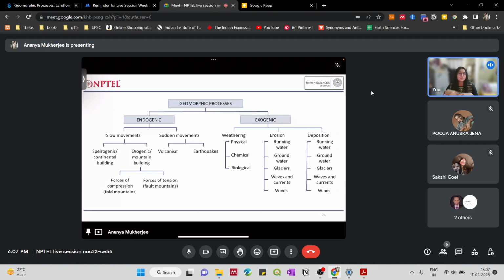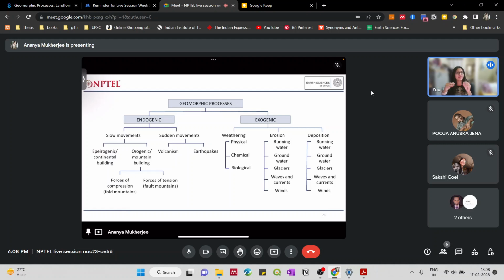Now, we will start with the exogenic processes. Exogenic processes, the driving force or the agents of changes, agents which are causing the changes on earth surface, they are on the earth surface.